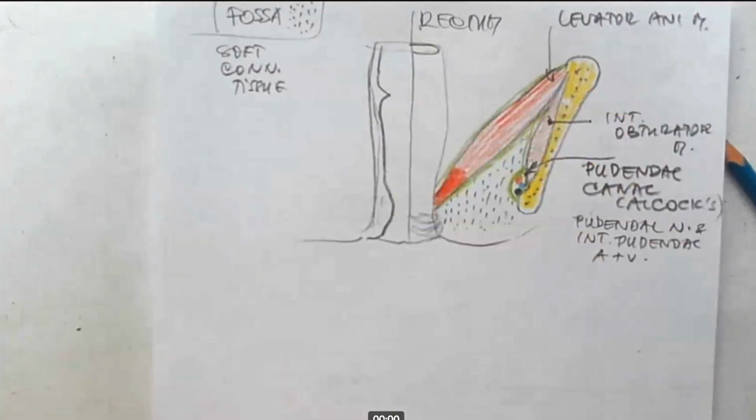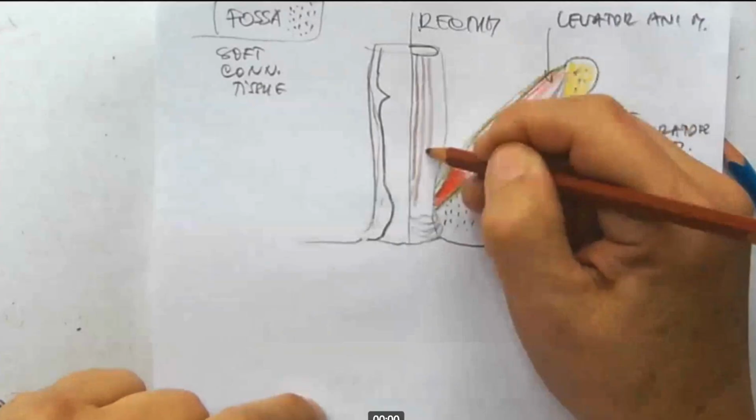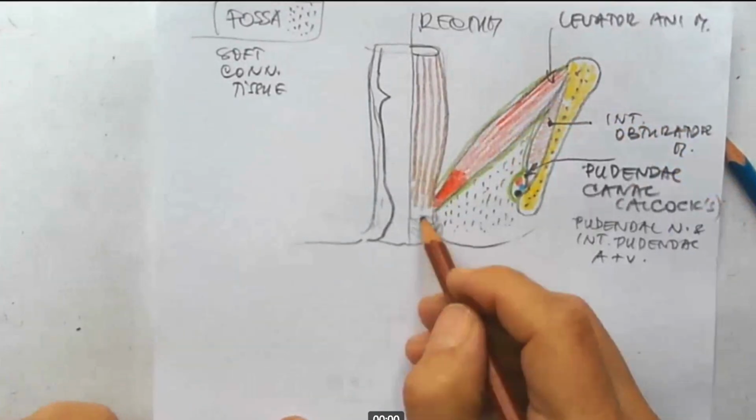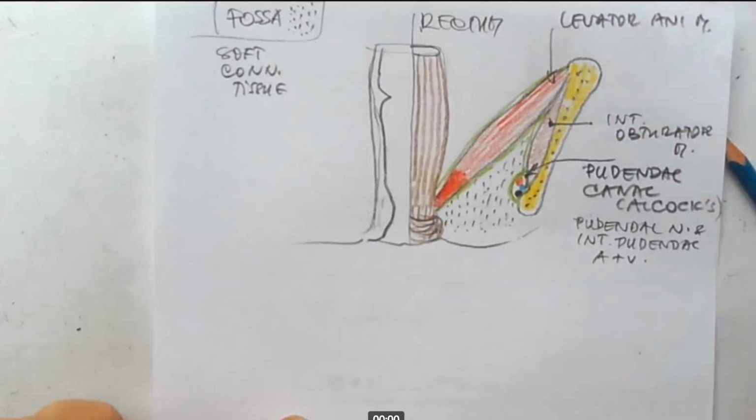One will be completely surface. That means that I'm drawing the horizontal lines showing the horizontal musculature on the surface, and then inferiorly there is the external sphincter.